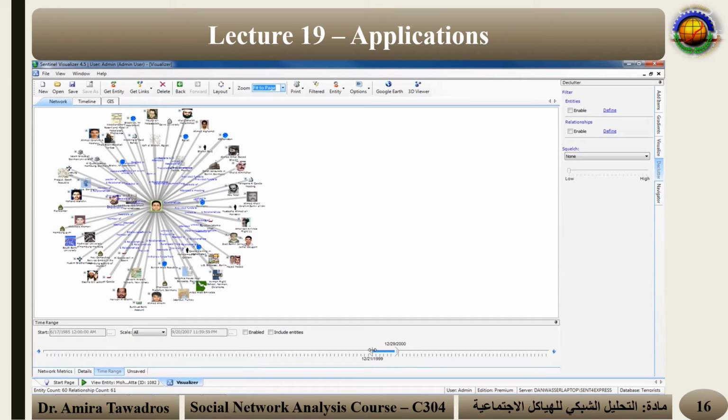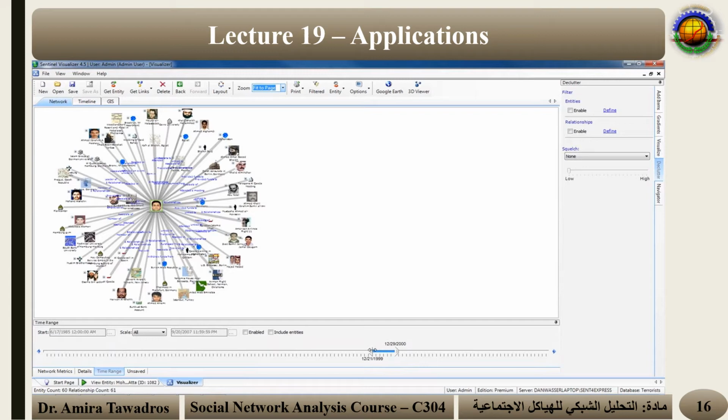We have a feature here called a timeline at the lower part of the screen. If I expand this date range and move this blue bar back and forth, we can see how these relationships change over time with other people, places, and organizations.